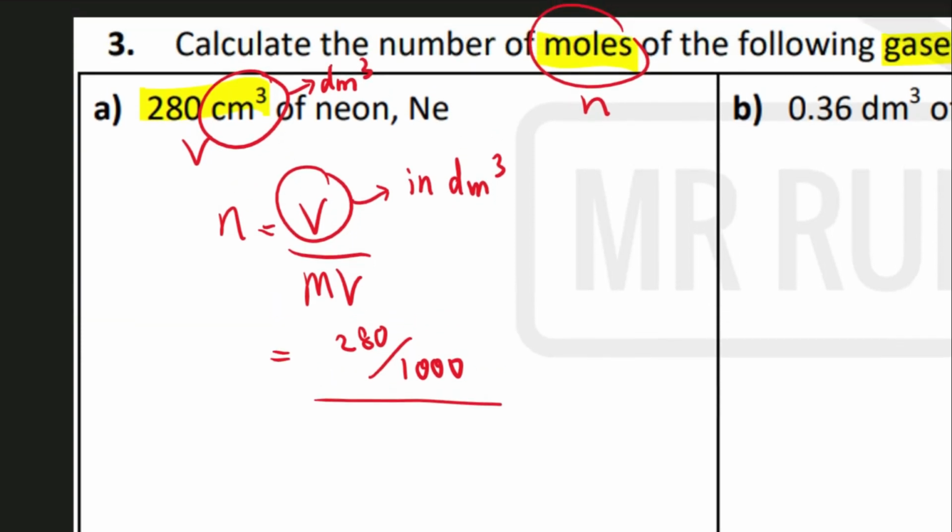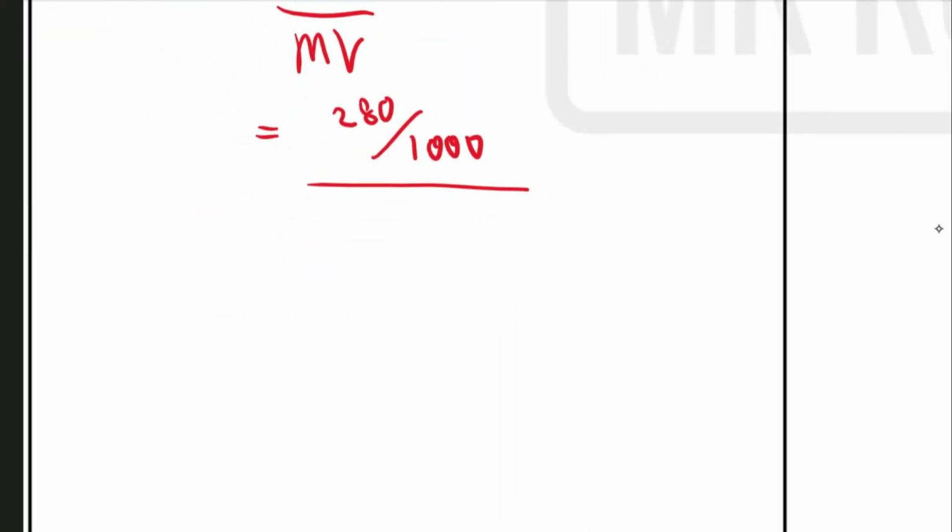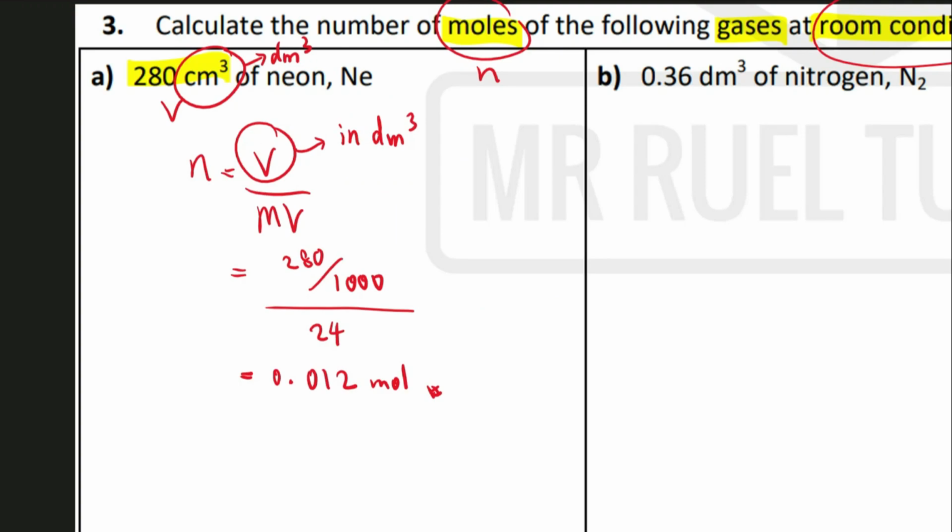The molar volume we have to check. In this question, it is room conditions. Therefore, the molar volume is 24. And the number of moles will be 0.012 mole. We just have to remember to convert the volume to decimeter cube when using this formula.